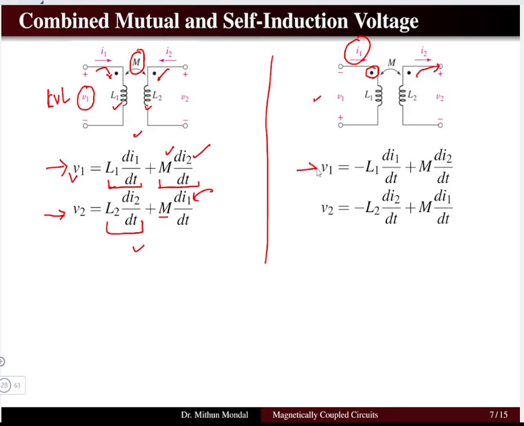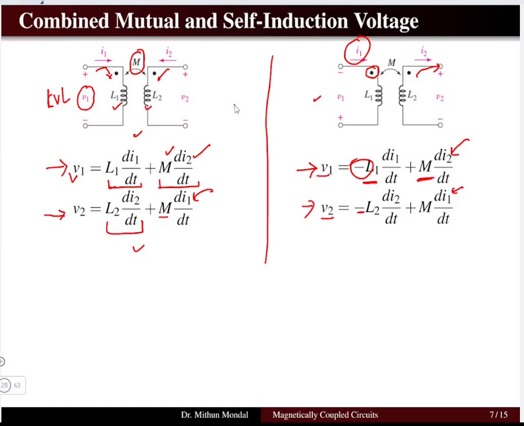Here we can apply KVL for the two loops and determine V1 and V2. For the self-inductance of coil 1 we have a negative polarity, and the mutual inductance will be M di by dt, where the current is due to the second coil. The current flowing in the second coil gives the voltage V1. And in V2 we have the first current, and there will be a negative sign here.